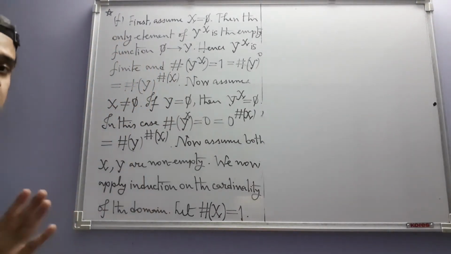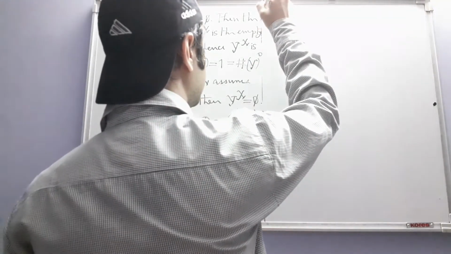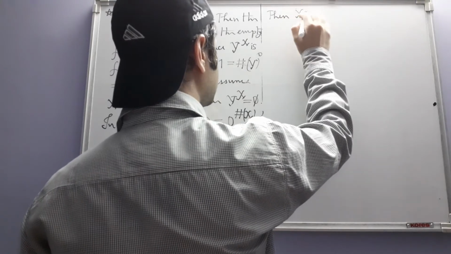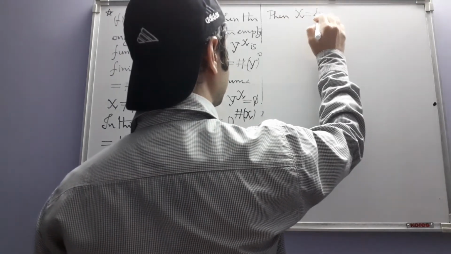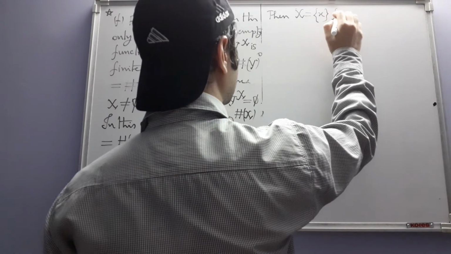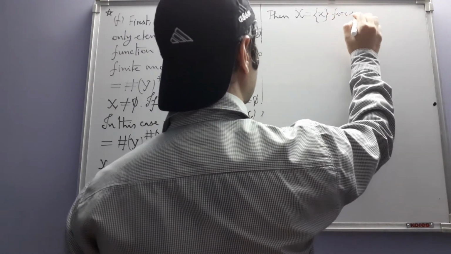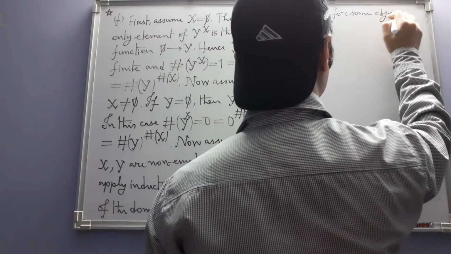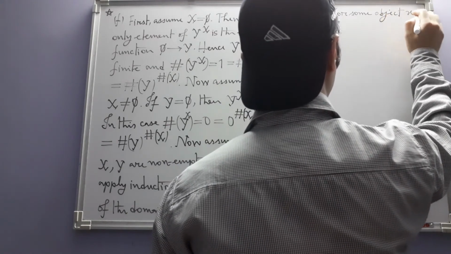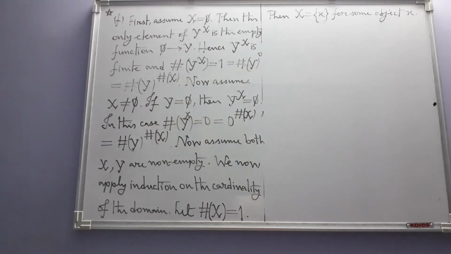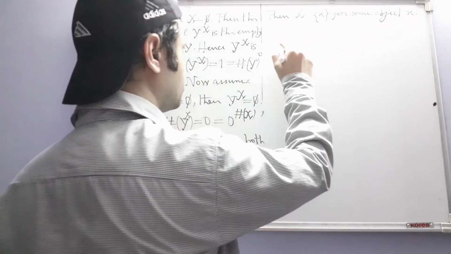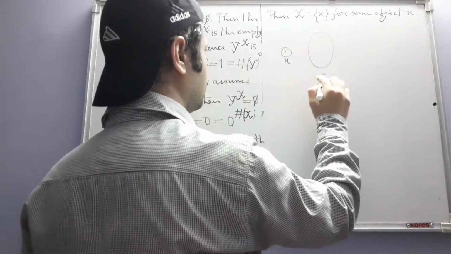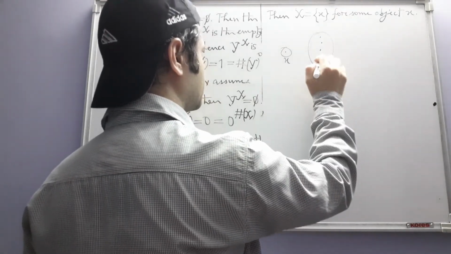Okay, first of all, what is x then? x is a singleton set having some object x as its only element. Okay. So now x has only one object, y has any number of objects.